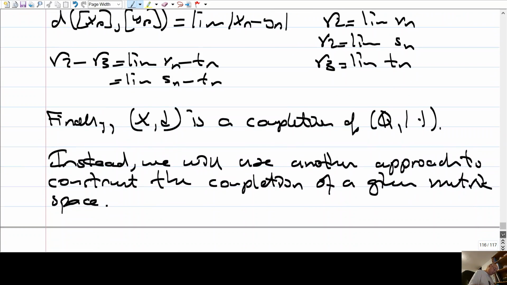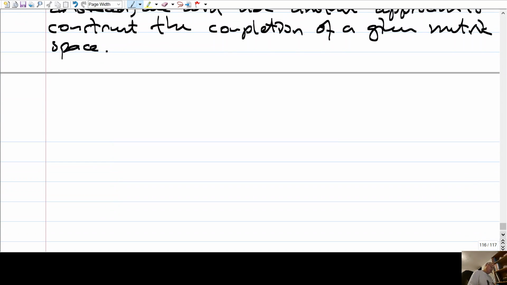The details of this proof are included in the book, so you can read it. And I'll do the alternative proof, again from the book. So the idea is this.